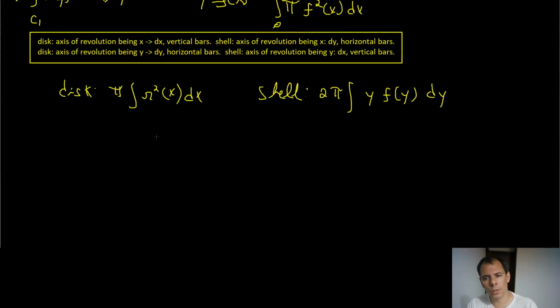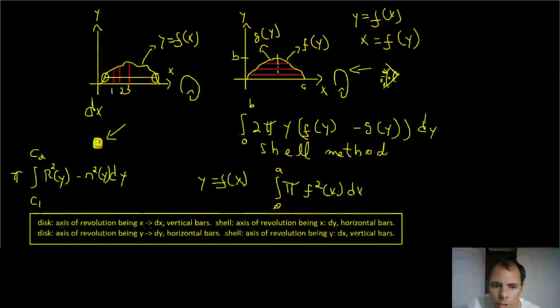But of course, when you're trying to do the washer method with either one of these methods, you have to account for what happens when you have a hole, right? For example, you want to rotate this function curve in here around y. This whole area in here is going to be a hole, okay? So what would you have to do?